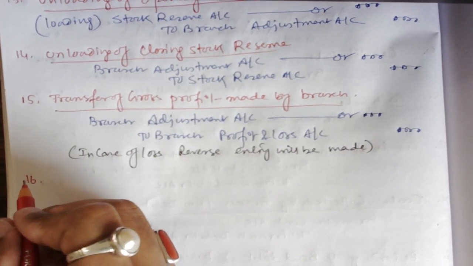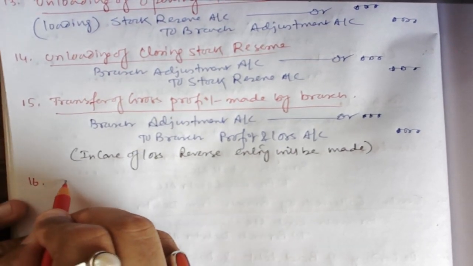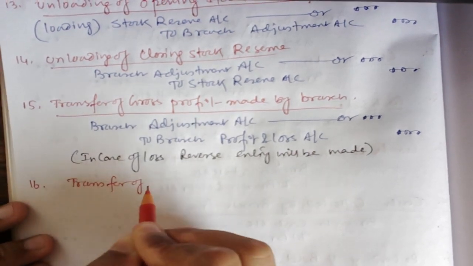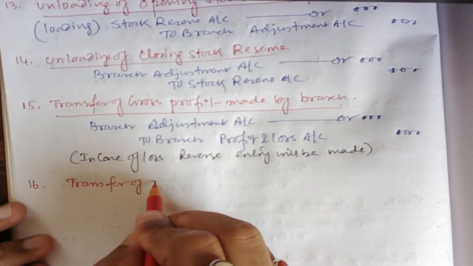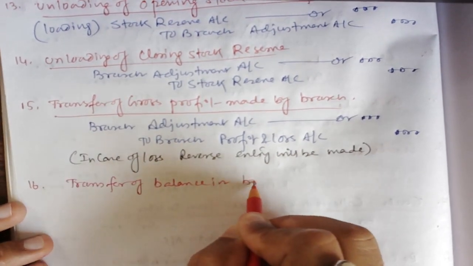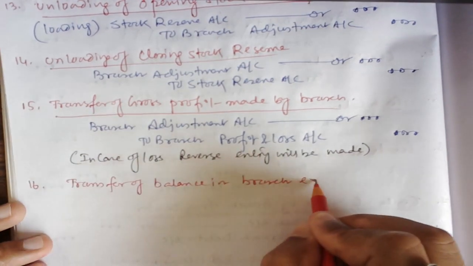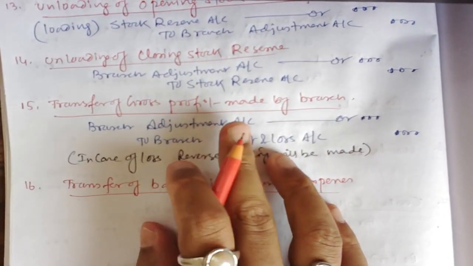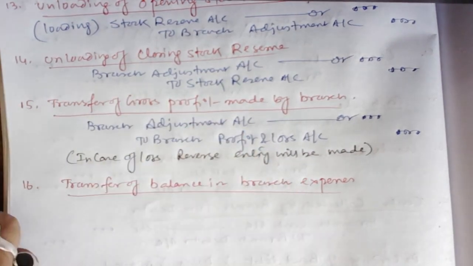16, sir. So you can also write transfer of balance in branch expenses. See, it means you are going to close the branch expenses account, correct? Here you are going to close branch adjustment, here you are going to close branch expenses.